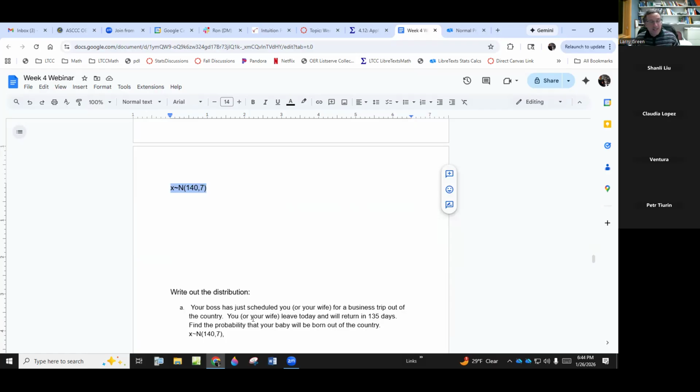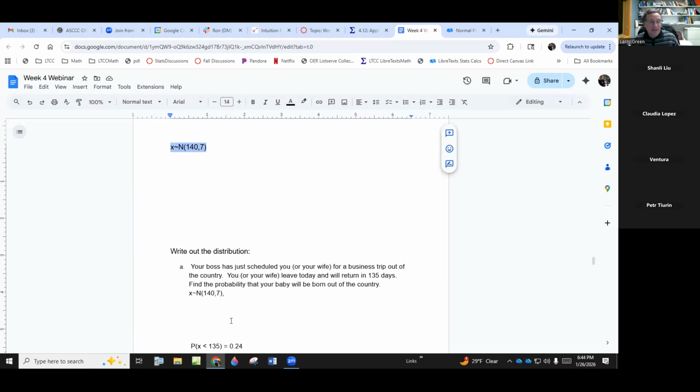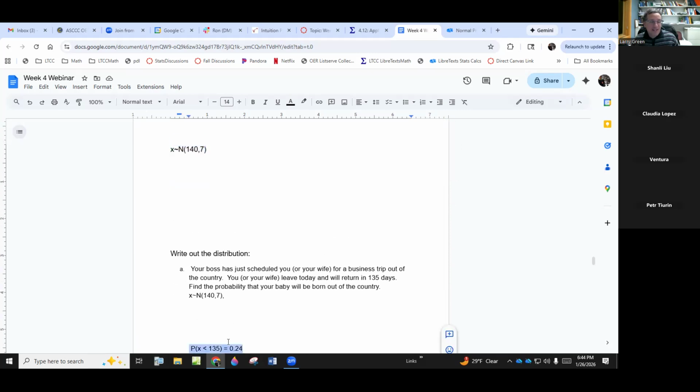What we need to do is find when the baby is born in less than 135 days from now. Does that make sense? And by the way, zero is so far from 135 that you don't have to worry about assuming the baby hasn't been born yet in this case. We'll get another one like that.